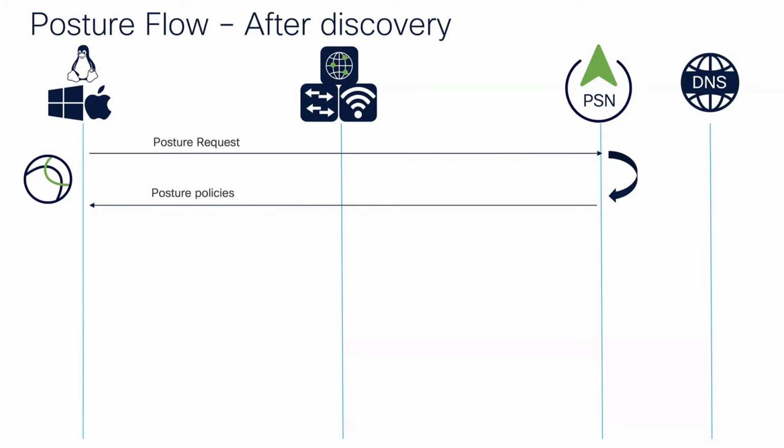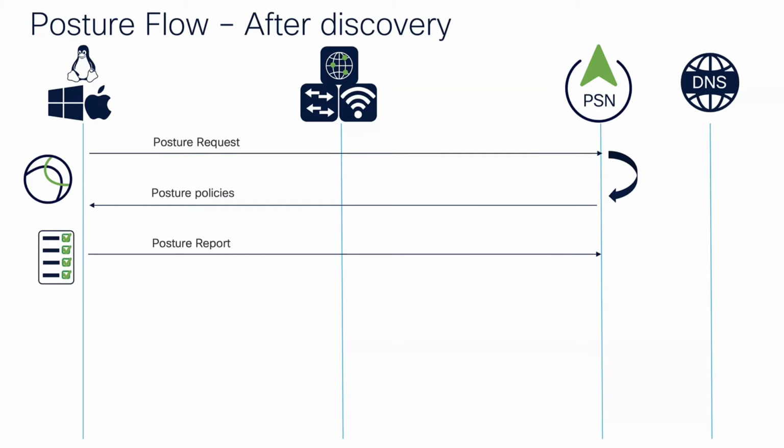Upon receiving that posture request, the PSN evaluates the posture policies and sends them as an XML file for the AnyConnect or Cisco Secure Client to validate. Upon receiving the posture policies, the Cisco Secure Client validates them, creates a report, and submits the report back to the same PSN.